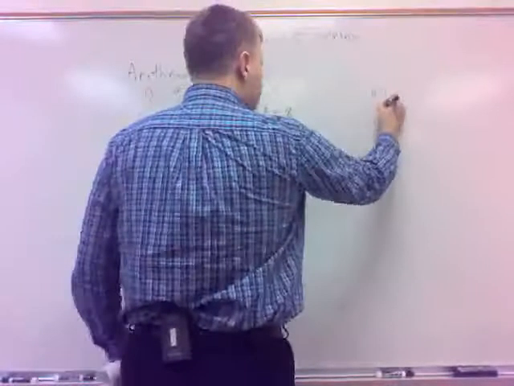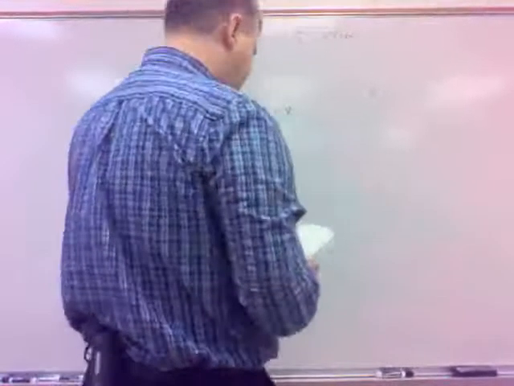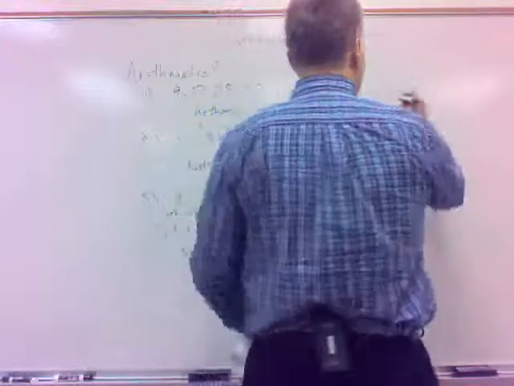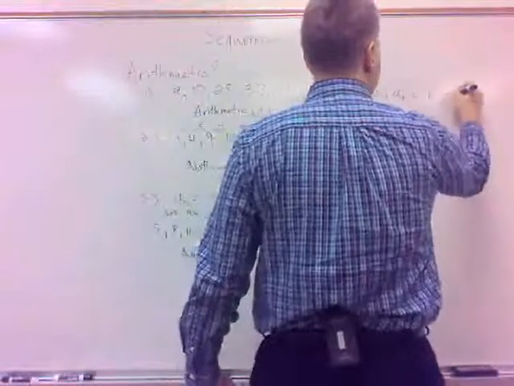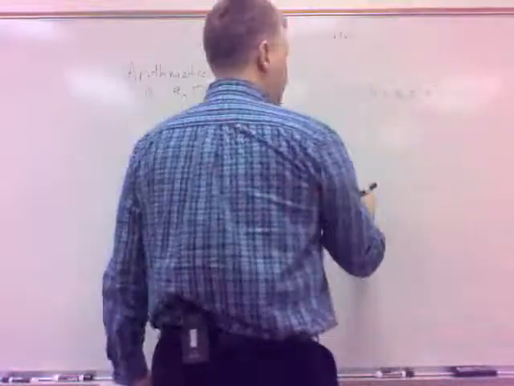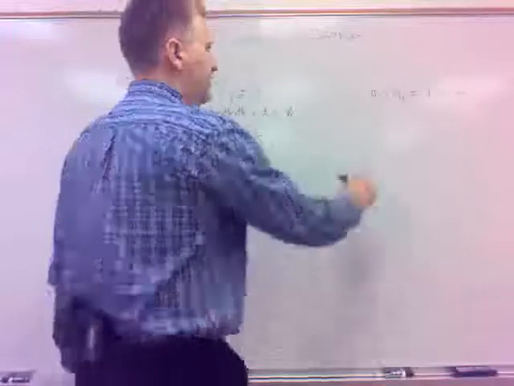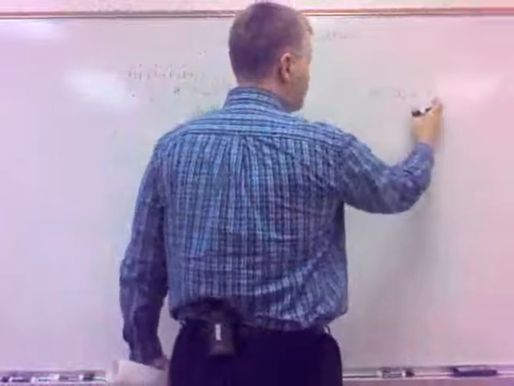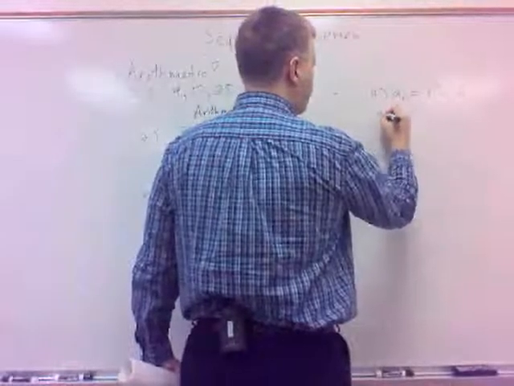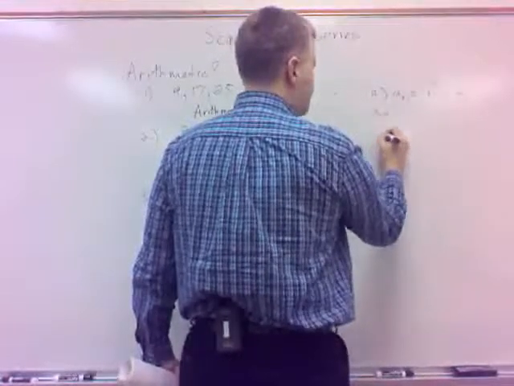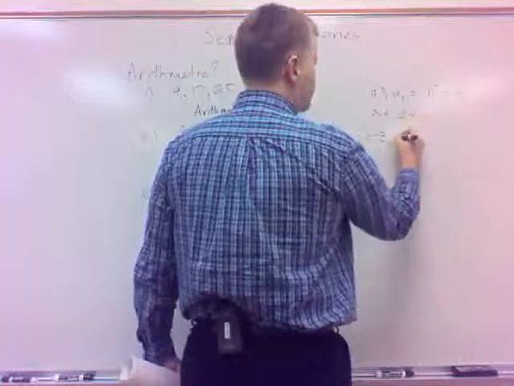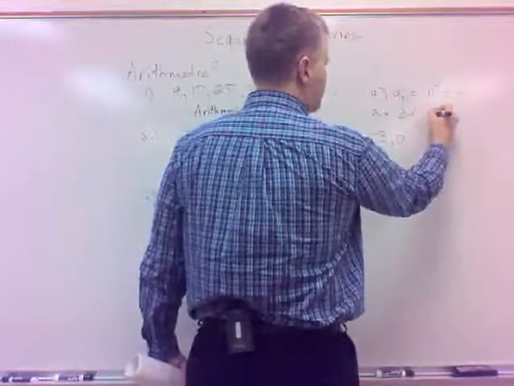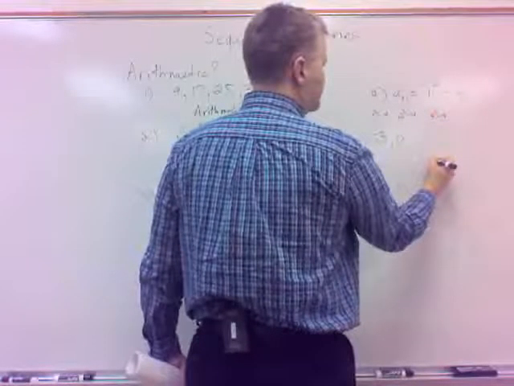All right, number 4, is this one arithmetic? A sub n equals n squared minus 4. Well, again, term by term, without knowing anything else right now, 1 squared minus 4 would be the first term, which is 1 minus 4, which is negative 3. Second term would be 2 squared minus 4, which is 4 minus 4, which is 0. Third term would be 3 squared minus 4, 9 minus 4, which is 5.